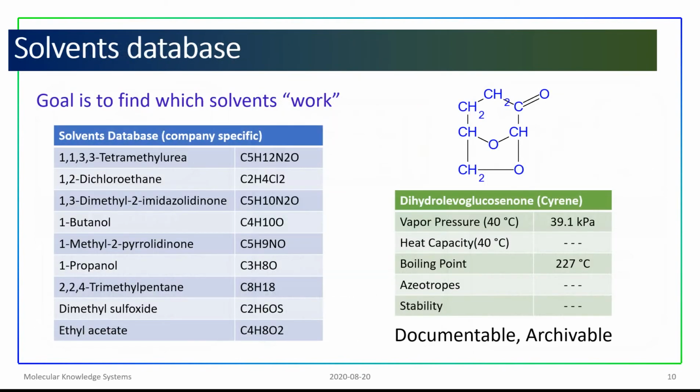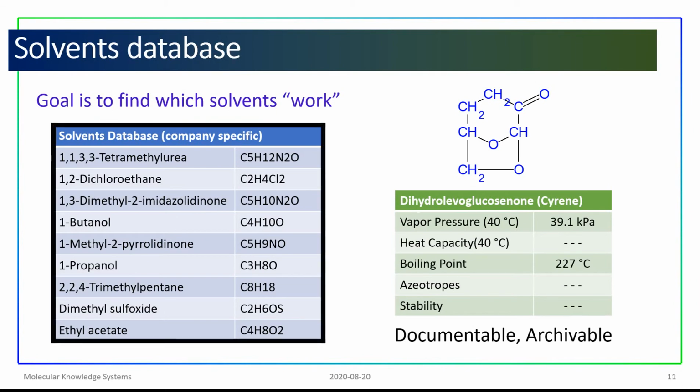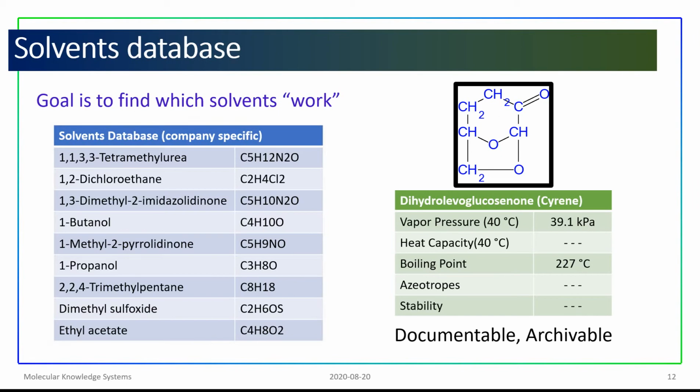So the solvent selection problem is actually a very straightforward problem. Given a database of solvents, we want to find which ones work well for a given application. Some of the things that might complicate the problem are that a lot of information is contained in a molecular structure.